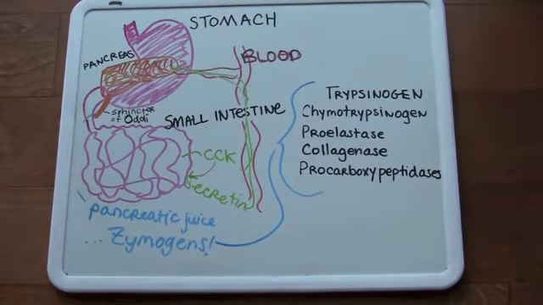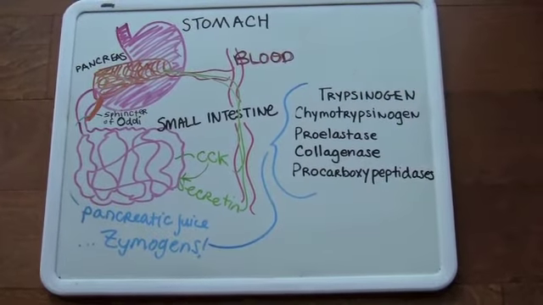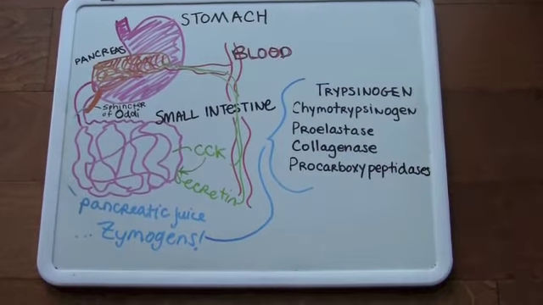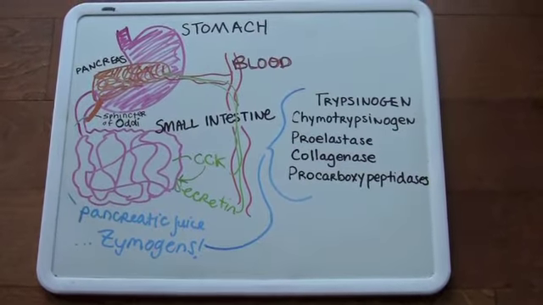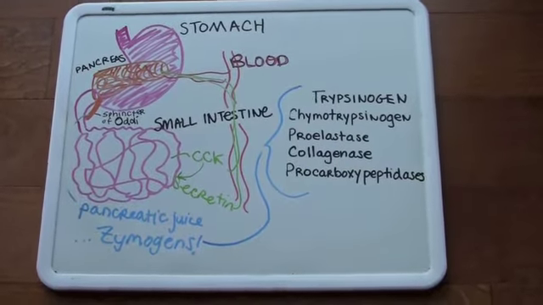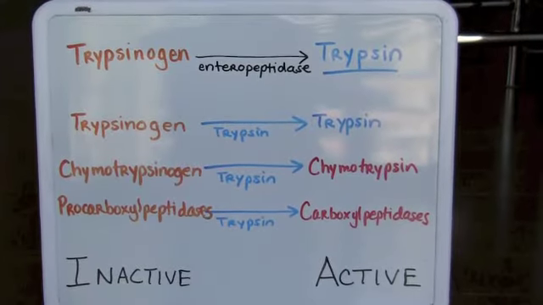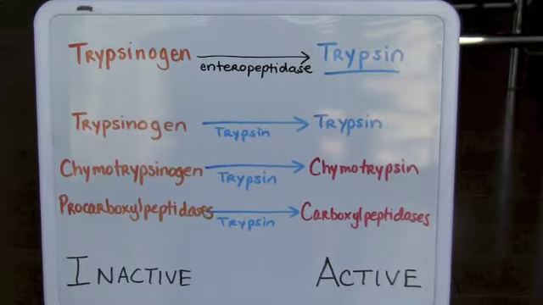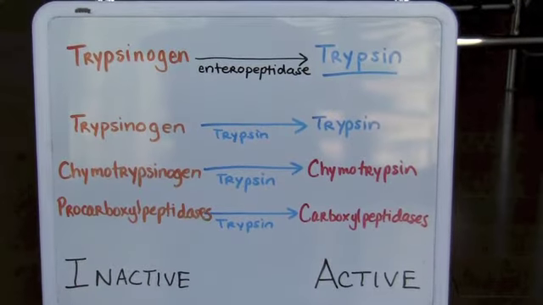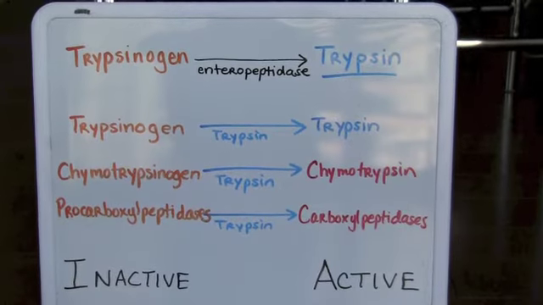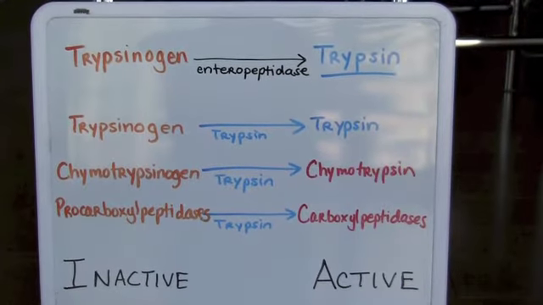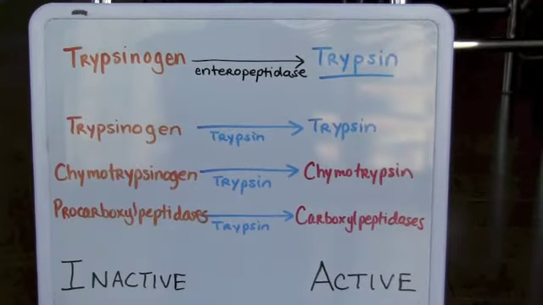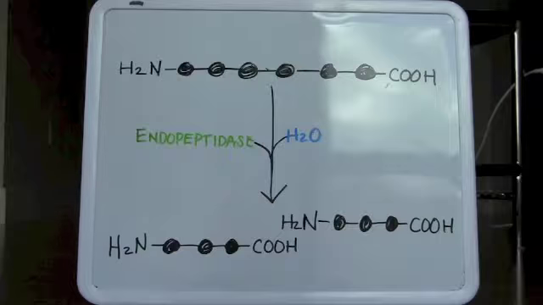The zymogens from the pancreas are trypsinogen, chymotrypsinogen, proelastase, collagenase, and procarboxypeptidases A and B. Trypsinogen is activated into trypsin by an enzyme in the brush border of the small intestine called enteropeptidase. Trypsin then is the leader of the digestive brigade, converting the other zymogens and more trypsinogen into their active enzyme forms.